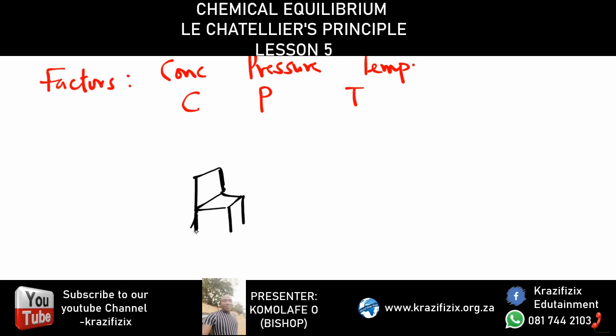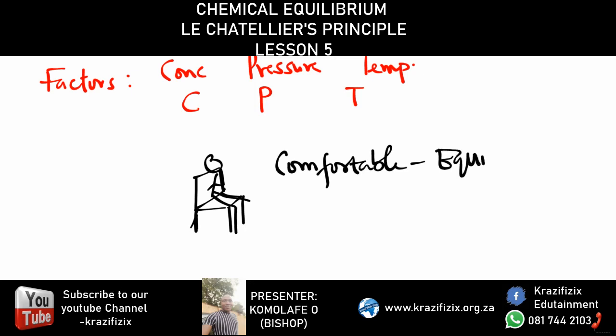And I have somebody sitting on the chair. Now, the person is sitting and is comfortable. I can actually say the person is at a state of equilibrium. I know many of us would have an idea of what I'm talking about, because many of us in our schools have that kind of situation.